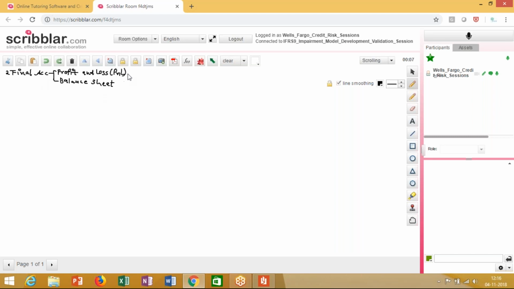So basically, the P&L statement gives an idea about the profit and loss that the bank has earned, or rather it reflects the net profit or the net loss that the bank has earned.